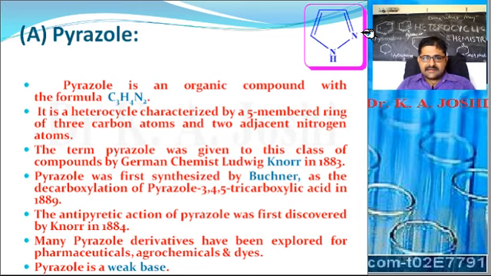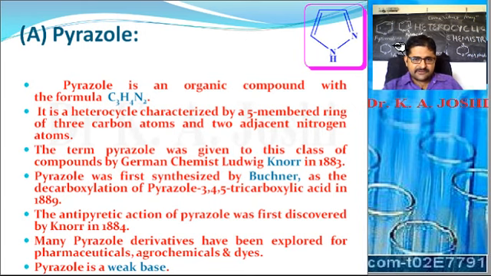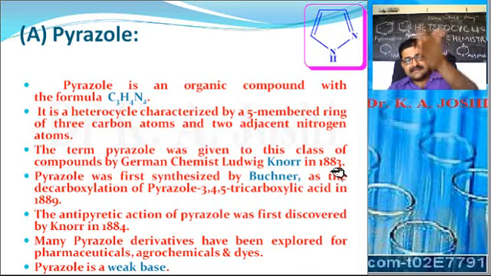It is a heterocycle characterized by a 5-member ring of 3 carbon atoms and 2 adjacent nitrogen atoms. Look at this, friends, 2 adjacent nitrogens. The term pyrazole was given to this class of compounds by the German chemist Ludwig Knorr in 1883.